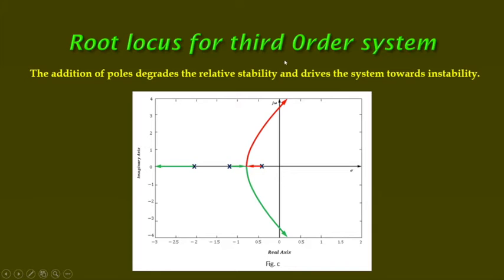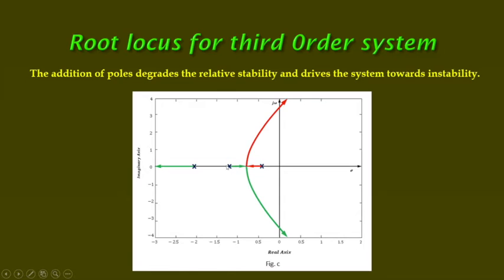Root locus for a third order system. Now let us introduce one more pole in the system. Then two poles are added to the single pole system, so the system now becomes third order. That means three open loop poles.